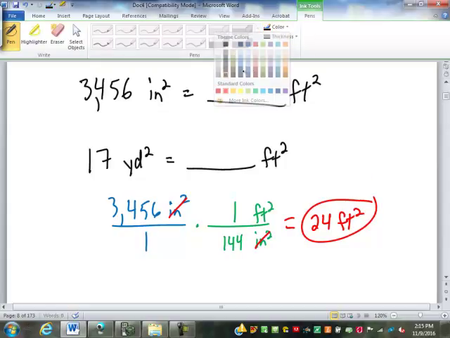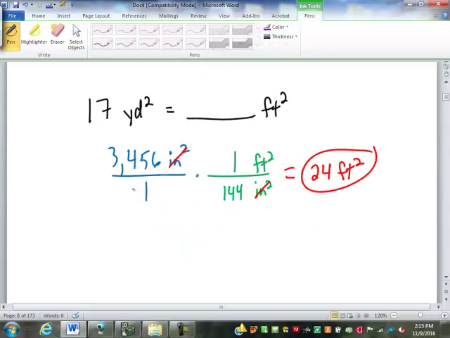Good. Now for the next one here, 17 square yards into square feet. In our conversion factor here, square yards have to go on the bottom so they cancel out. Square feet on top. What's our relationship? 1 square yard is how many square feet? 3 by 3 or 9.